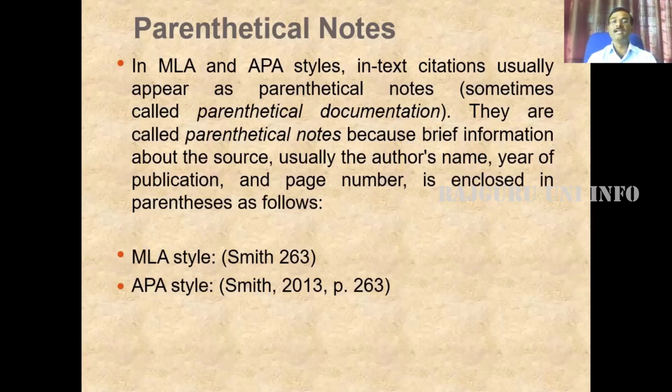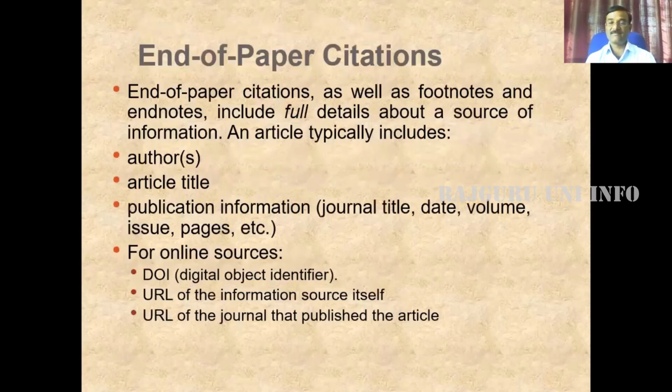They are called parenthetical notes because brief information about the source, usually the author's name, year of publication, and page number is enclosed in the parenthesis. For example, if we use the MLA style, we write the name of the author and then page number in the parenthesis. And if we are using APA style, we will write the name of the author, year of publication, and then page number in the parenthesis itself.